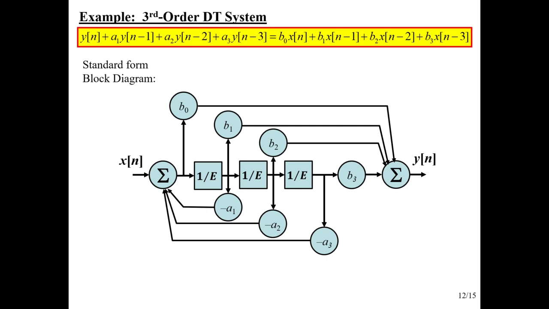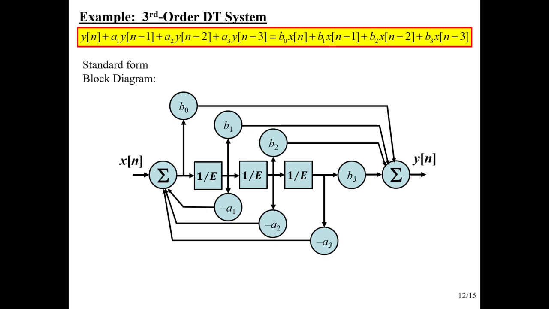So again, you may not know where this comes from. In my signals and systems class, I just kind of show it and say, this is it. In my DSP class, we developed this from first principles. This is called the direct form 2. We start with the direct form 1 and then convert it into this direct form 2.